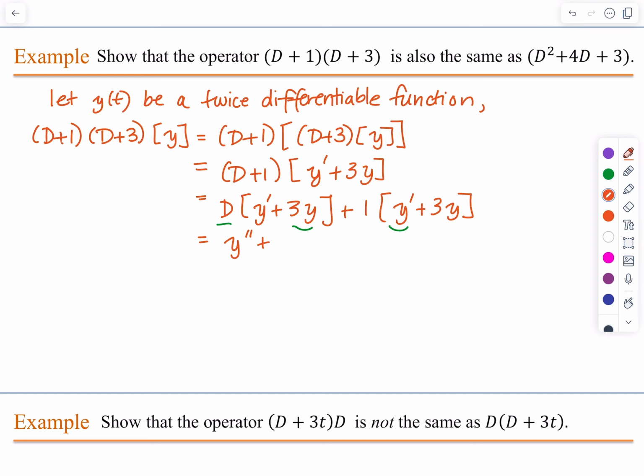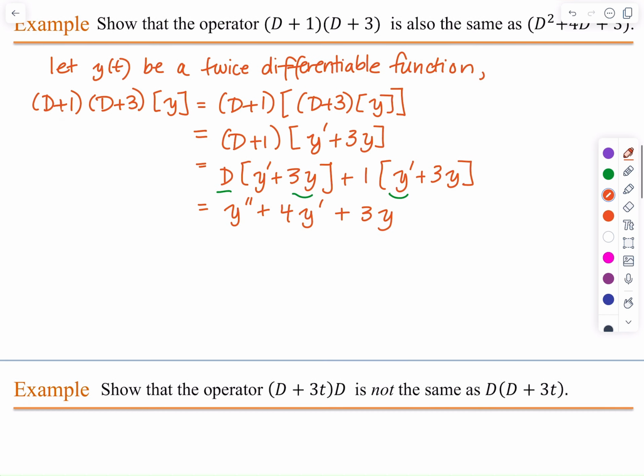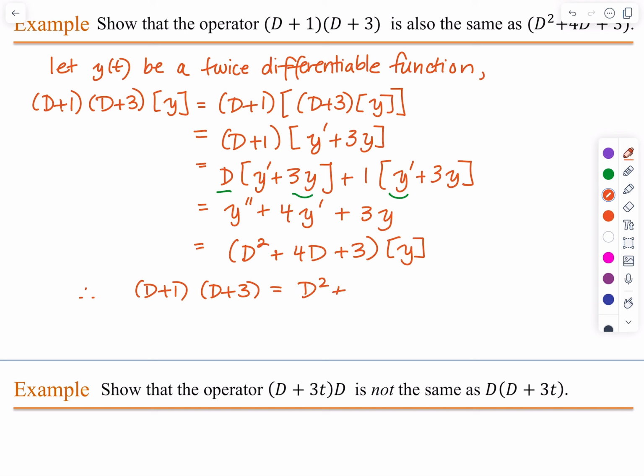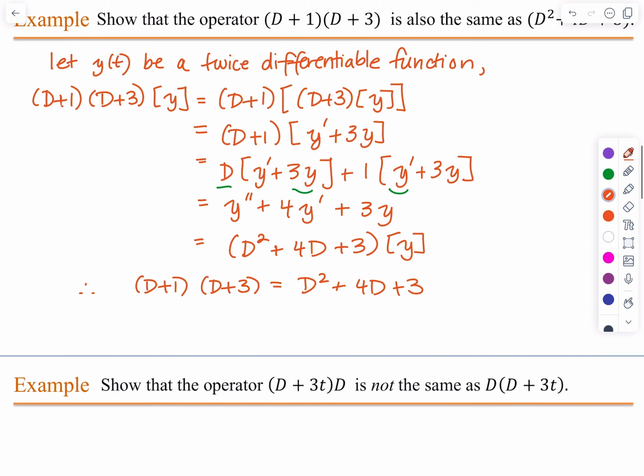So we'll have y double prime plus 4y prime plus 3y. And that is exactly equal to D squared plus 4D plus 3 of y. Therefore, D plus 1 multiplied by D plus 3 is the same as D squared plus 4D plus 3.